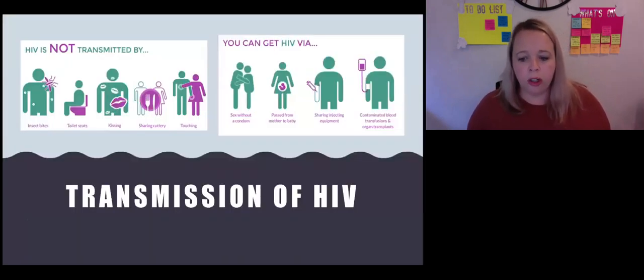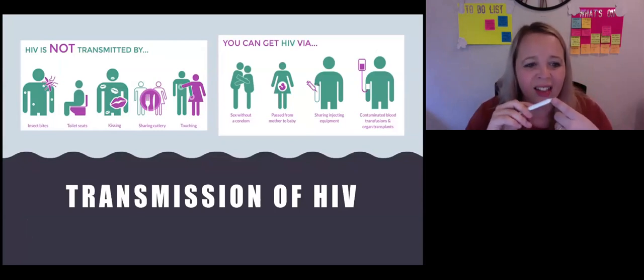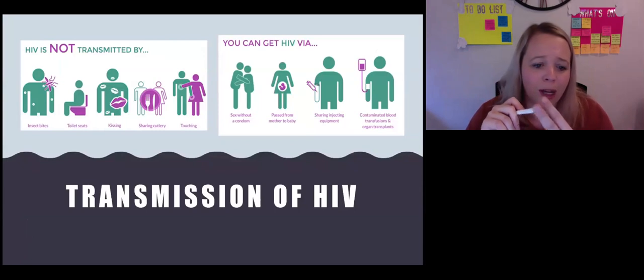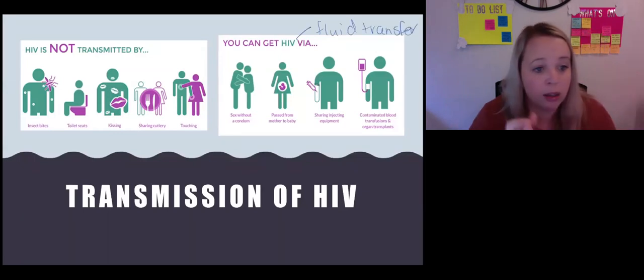It's really important that we understand how HIV can be transmitted and can't be transmitted. So you can get HIV via unprotected sex. It can be passed from mother to baby, but it is a definite fluid transfer. Okay? Kissing is not considered a fluid transfer in this case.